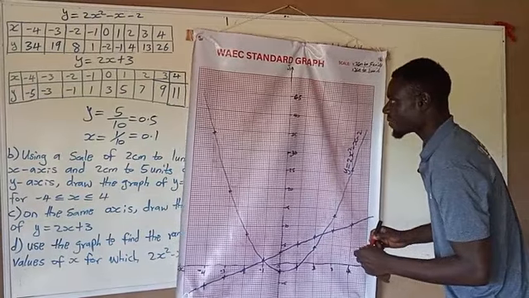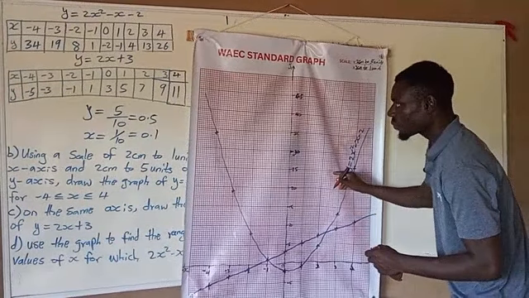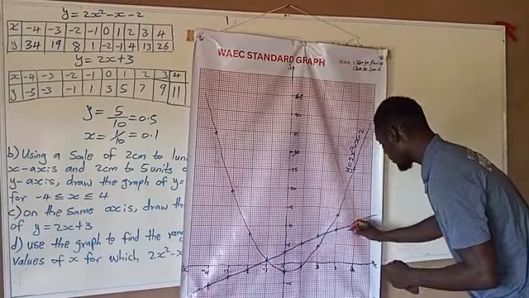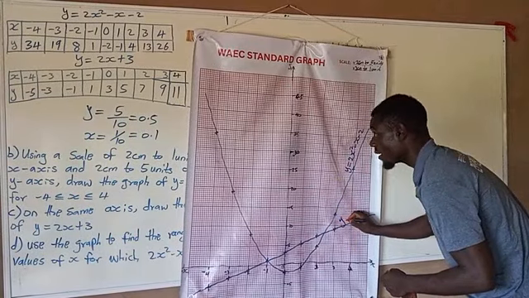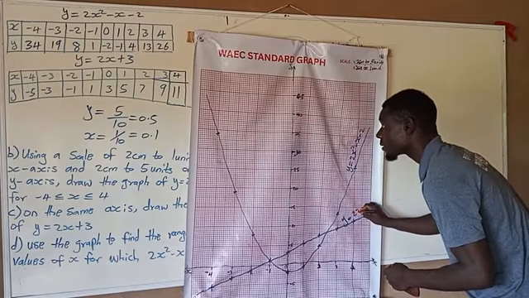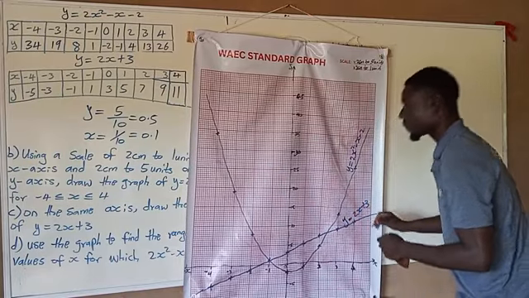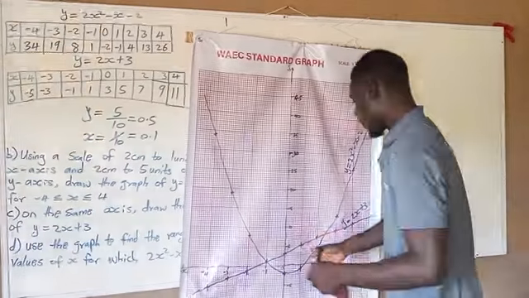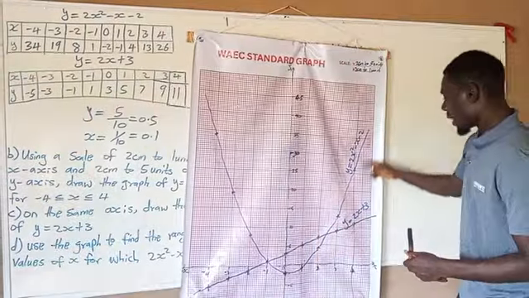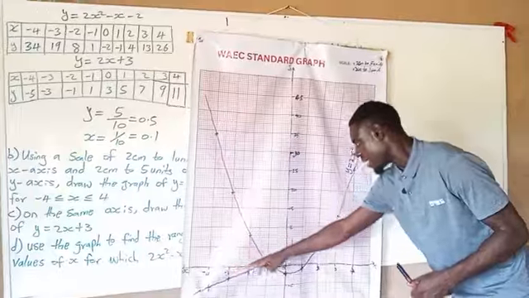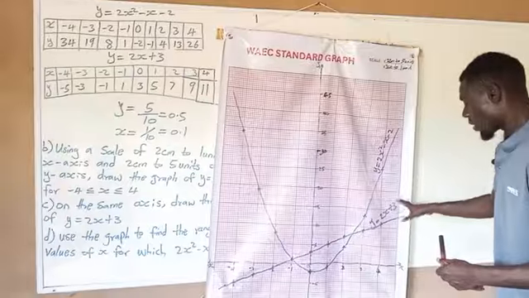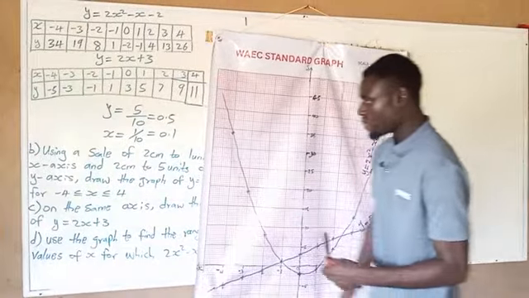This is a linear graph. At this point, we have to write the name of this graph, which is y is equals to 2x plus 3. So at this point, we are able to get our quadratic graph and our linear graph, which is our aim. Now let's go to the D part of it.